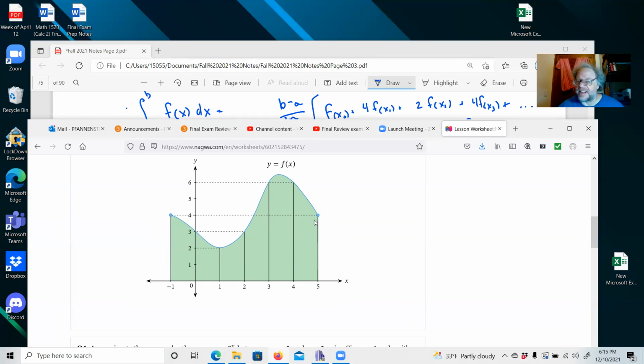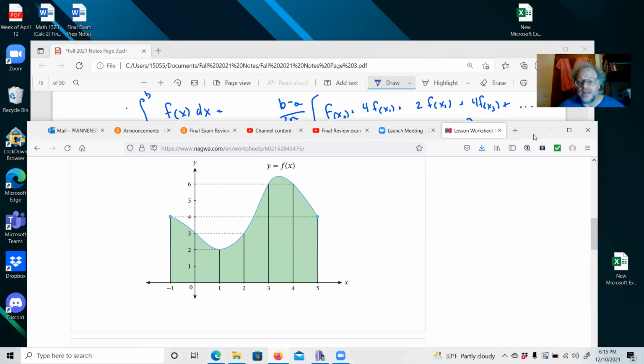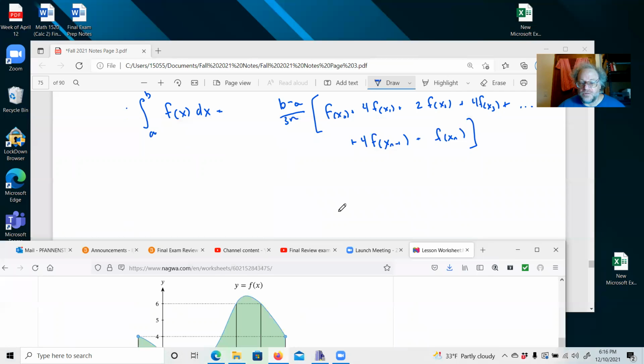It's not going to be exact, but you can get a number that's kind of close to what you're looking for, without having to do any fancy integration techniques. So this is a very useful thing to be able to deal with.